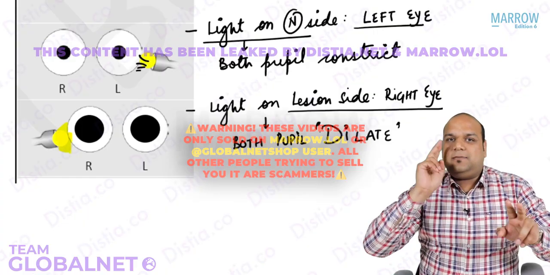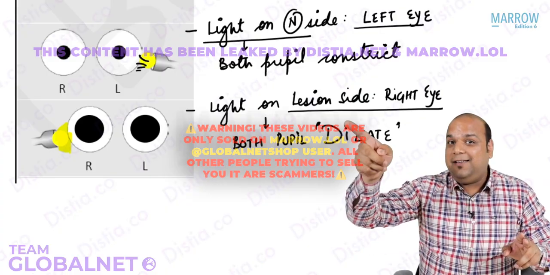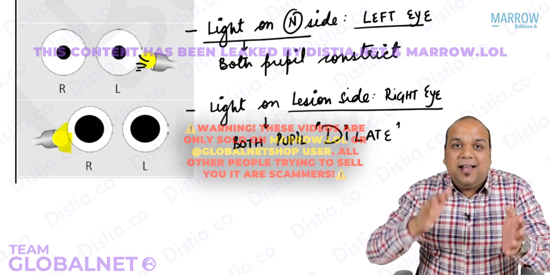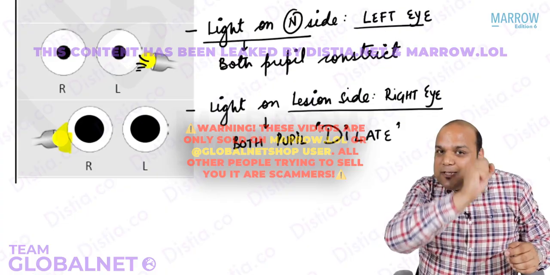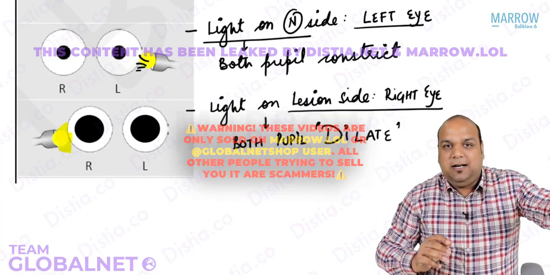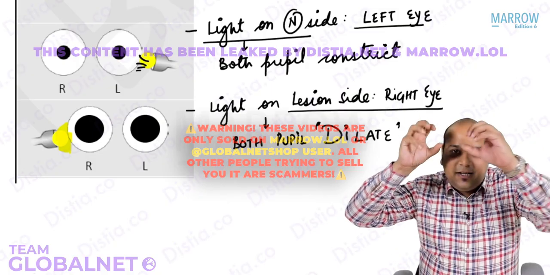See, there are two optic nerves, left and right. The left optic nerve is normal, so it will get fatigued much later. But the right optic nerve, everybody, which is lesioned, partially functional, will get fatigued earlier. Yes or no? Yes. So once we have done this swinging 5 or 6 times, my right optic nerve has gotten fatigued now. Now what will occur? As soon as I throw light on the left eye, pupil will constrict.